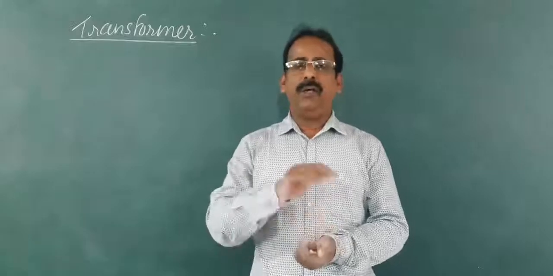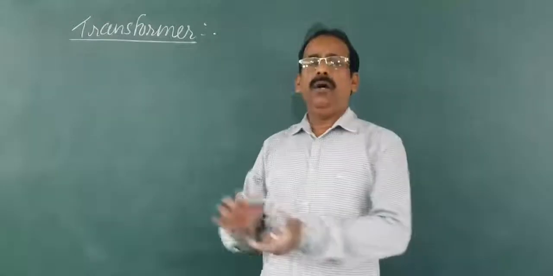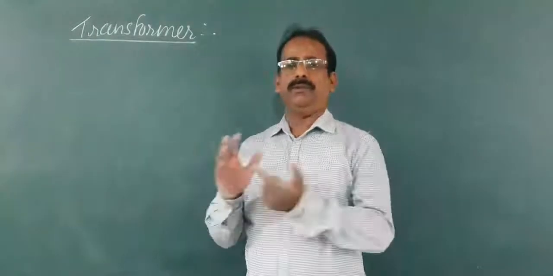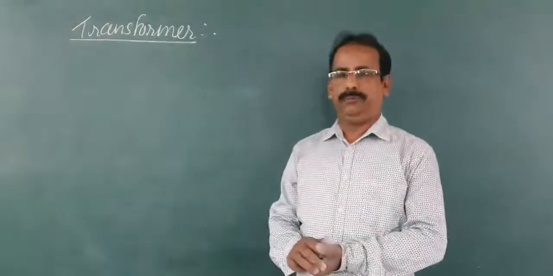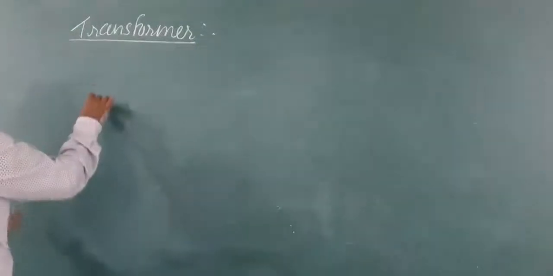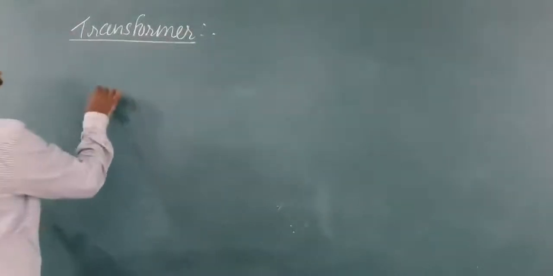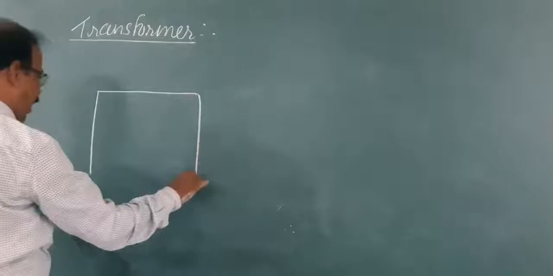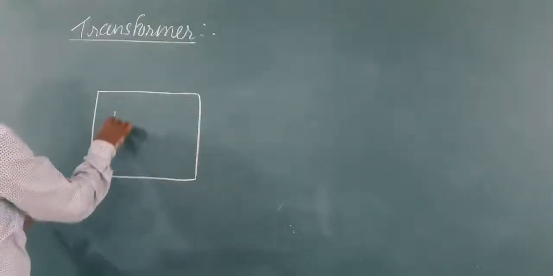How is it possible? See, first, in short, we see the construction of this transformer. The main part of this transformer is the iron core, which is in rectangular shape.